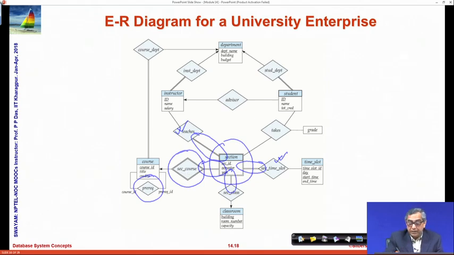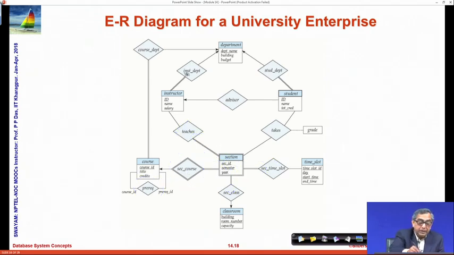We can see some of that elsewhere as well. For example, we can see it here, because between instructor and the department relationship, certainly every instructor must have a department. So, it is total, but it is not the same for the department. Every department may not have instructors.